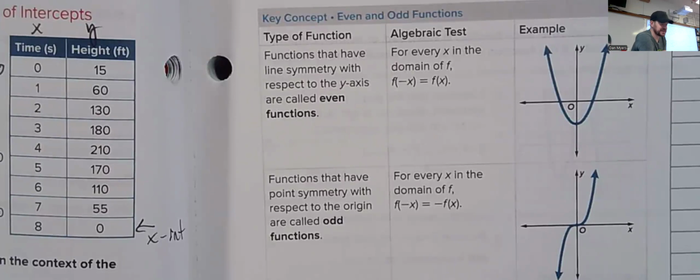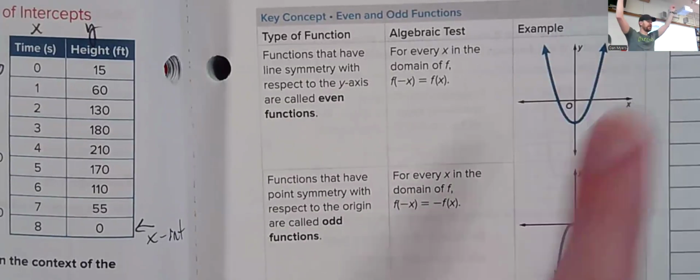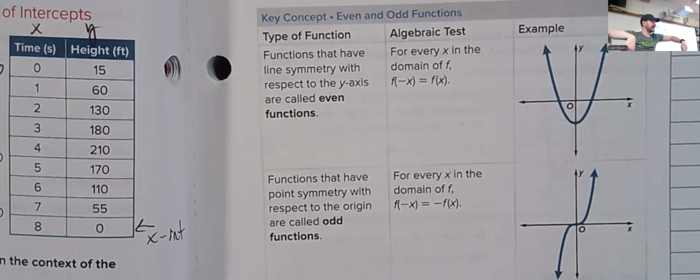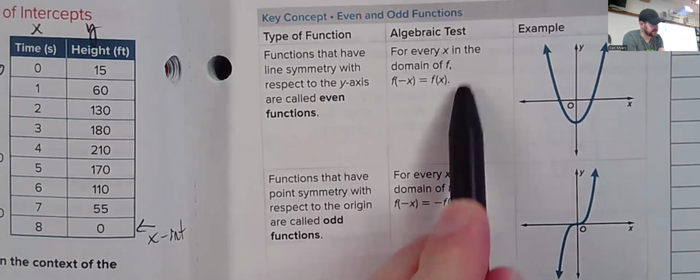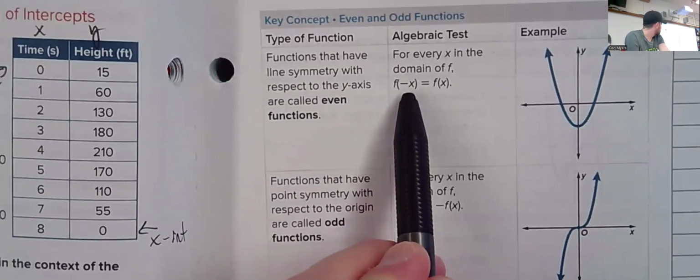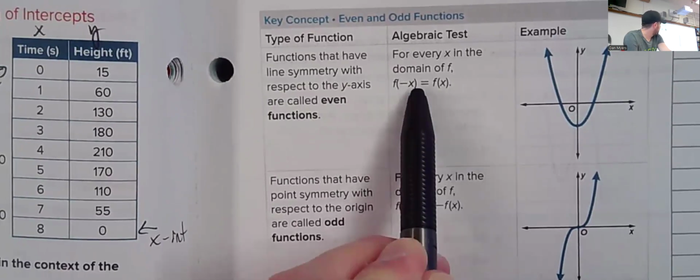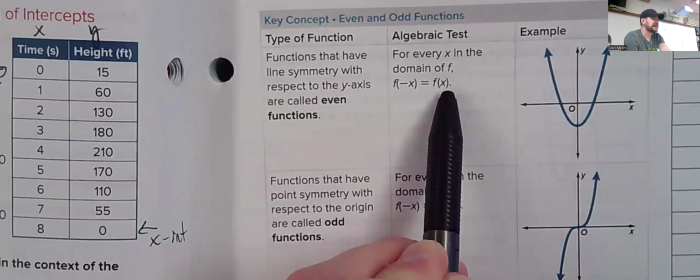Basically, what that means is the ends of the function are going in the same direction. If both are going up or both are going down, that would be an even function. What this notation right here means is, if you have an x value, f of opposite x and f of x technically are both y values.